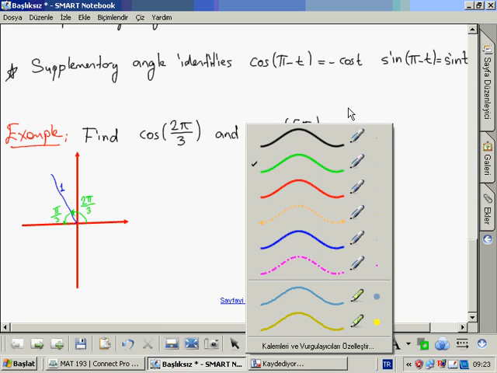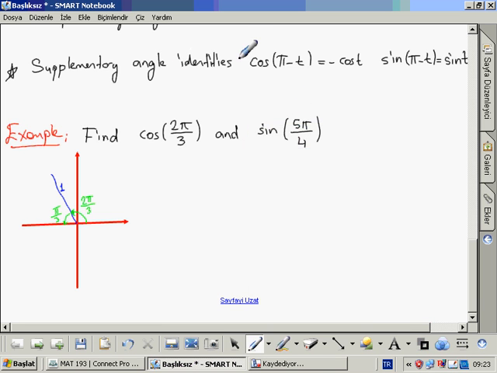From the supplementary angle identity you can write cosine of 2 pi over 3 equals cosine of pi minus pi over 3, right? It equals minus cosine of pi over 3, and we know that cosine of pi over 3 equals 1 over 2, so it is equal to minus 1 over 2.